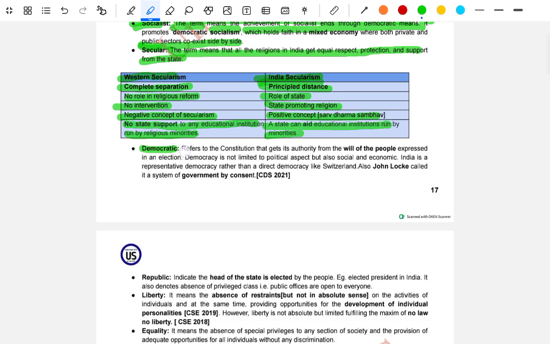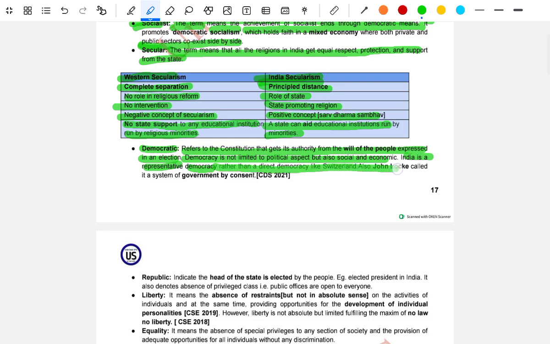Democratic refers to the constitution getting its authority from the will of the people expressed in elections. Democracy is not limited to the political aspect but also social and economic. India is a representative democracy rather than a direct democracy like Switzerland.